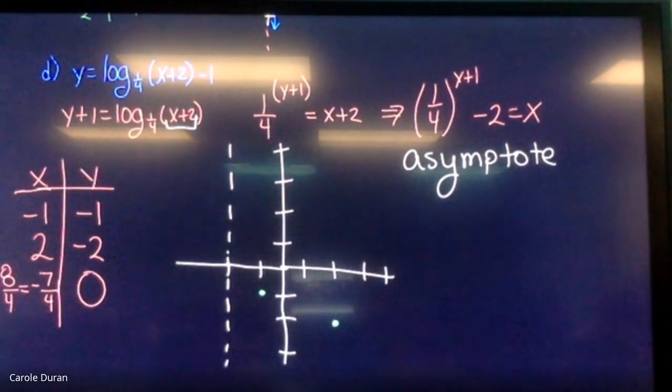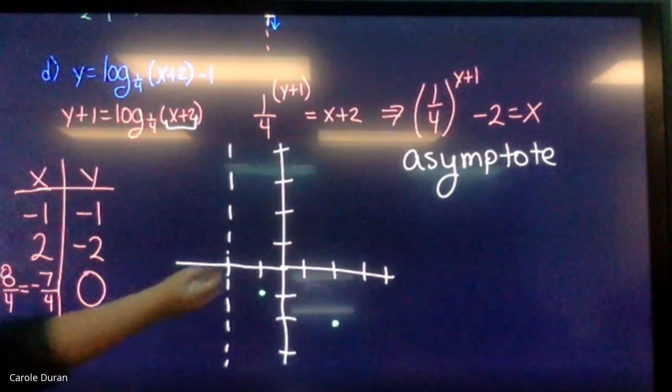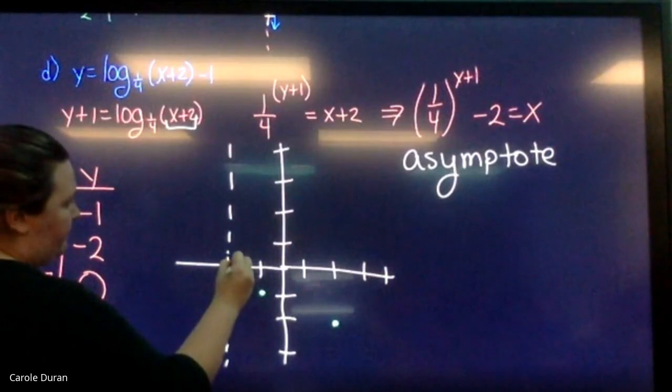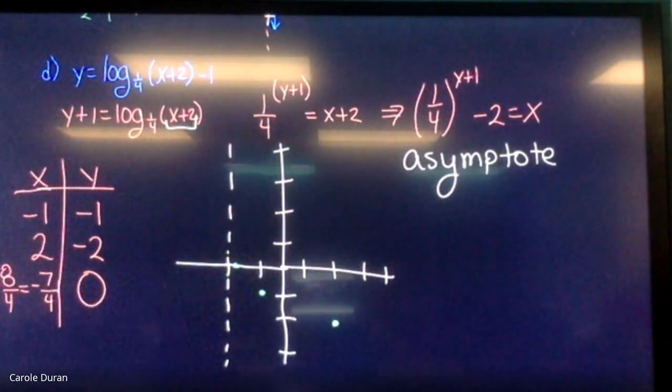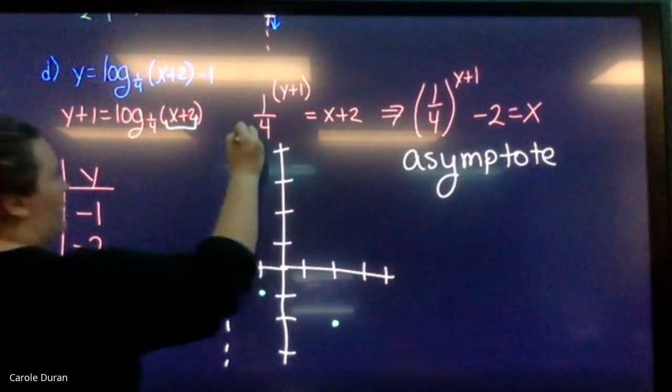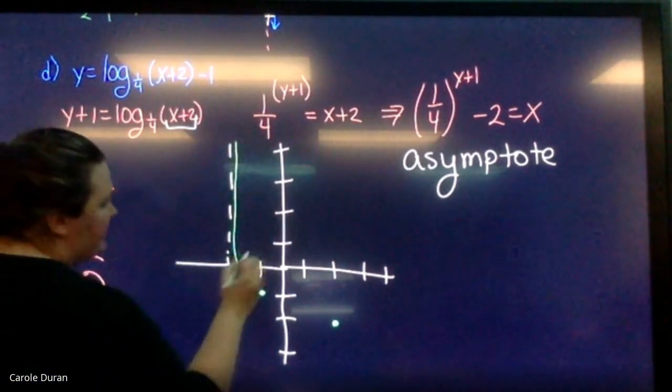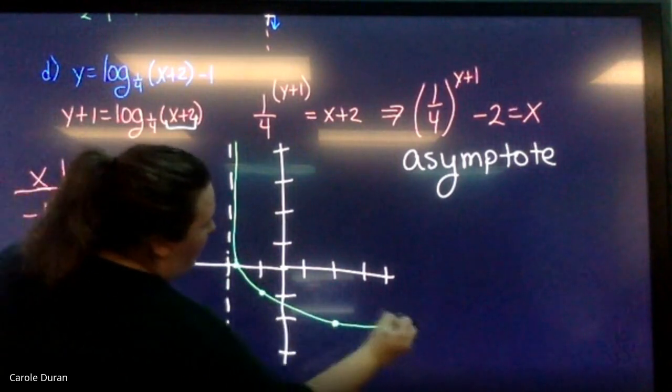Based off of these 2 points, I'm going to assume it's coming from the top and curving to the left. And then the third point I'm going to put down is -7/4, 0. So that's -1 3/4. So that's going to be about here. I have my 3 points. I can go ahead and graph this. And we just draw a line that goes right along the asymptote and then follows our points.